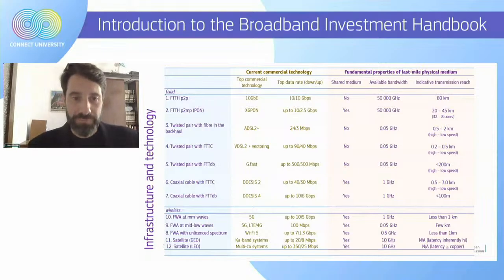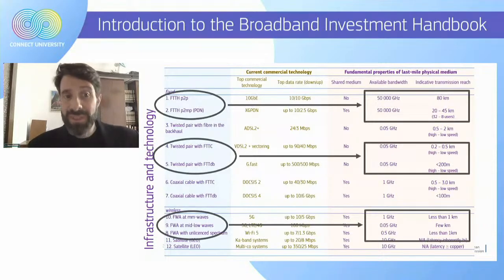If you click again, okay, there are basically 3 main choices here. One is fiber to the premises, fiber to the home. So you use fiber all the way, or you could try to use the existing copper infrastructure and bring the fiber closer and closer to the end user, but still use the copper infrastructure. This is basically FTTC, FTTDB, which is fiber to the drop point.